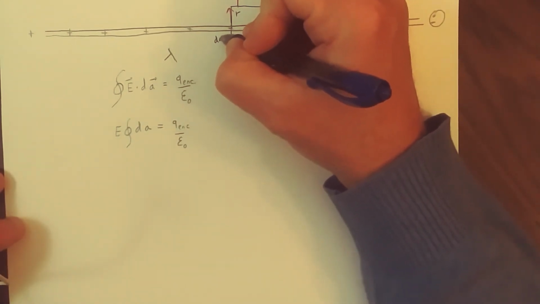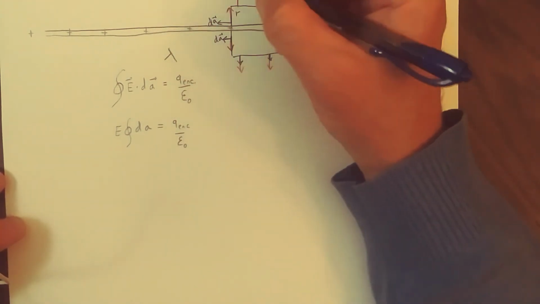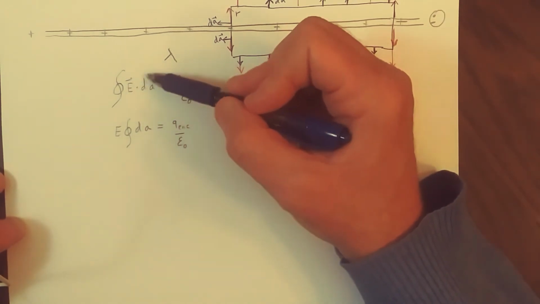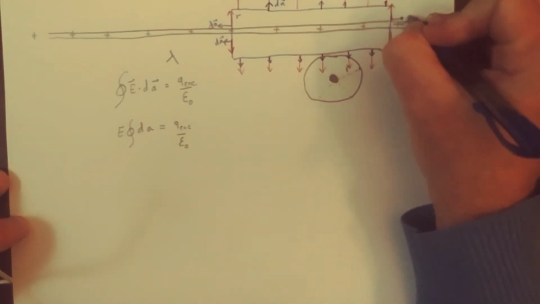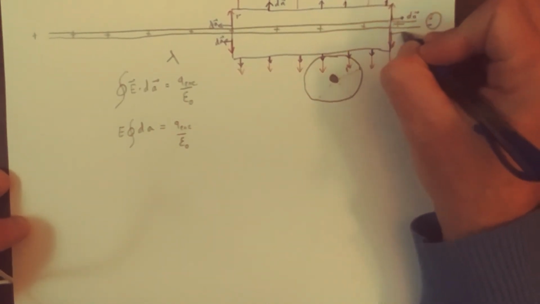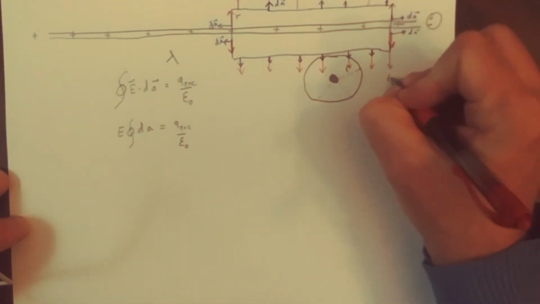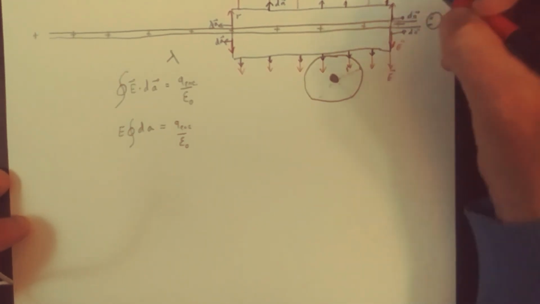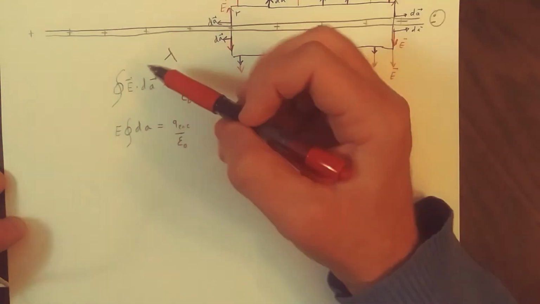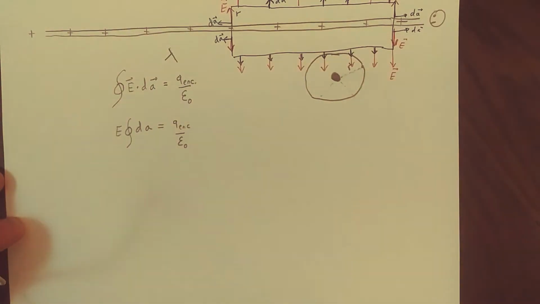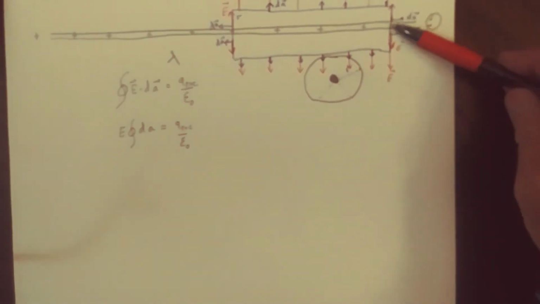So the dA and the electric field E, which is drawn in red, on the sides, don't give any contribution to E dot dA, right? Because they're perpendicular to each other. Same is true over here. The dA is pointing that way, and so the electric field, the red electric field, so maybe we can label some of these as E, doesn't produce any electric flux, right?